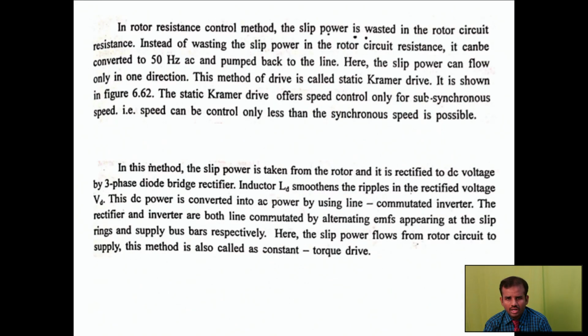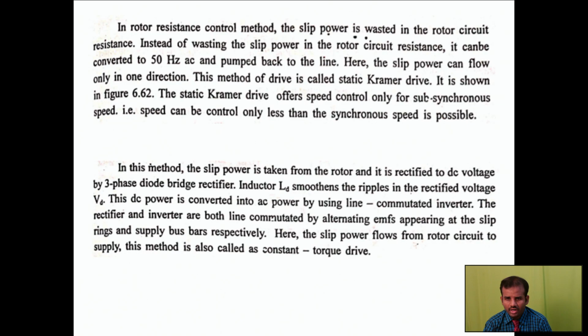In the previous discussion, we covered the rotor resistance control method. In the rotor resistance control method, the slip power is wasted in the rotor circuit resistance. Instead of wasting the slip power in the rotor circuit resistance, it can be converted to 50 Hz AC and pumped back to the line. Here the slip power can flow only in one direction.